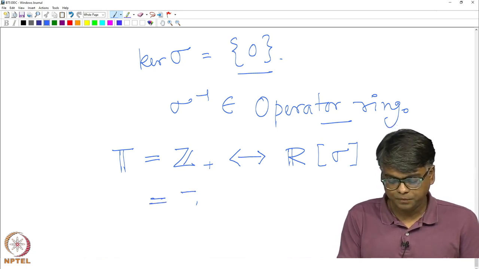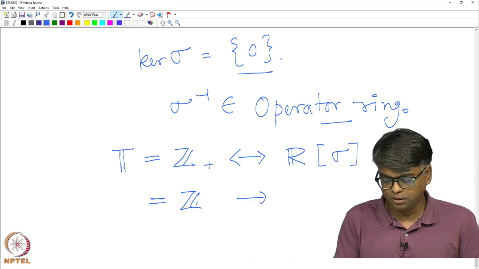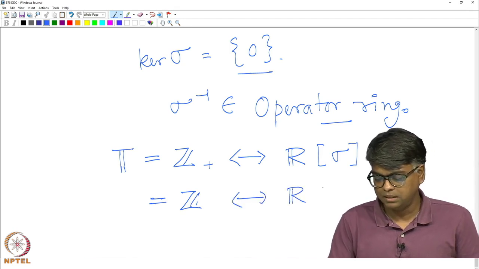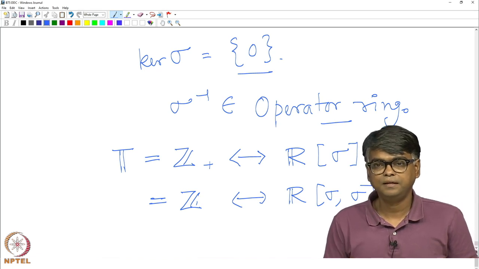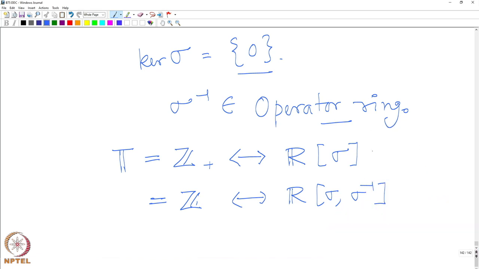On the other hand, if T is all of Z, then the corresponding operator ring will be R sigma, sigma inverse. Like before, we will be denoting these by R xi and R xi, xi inverse.